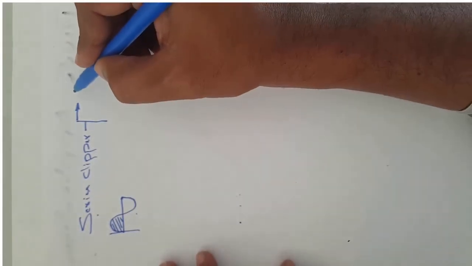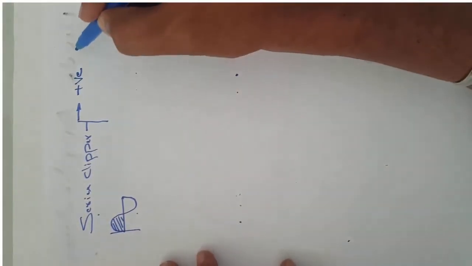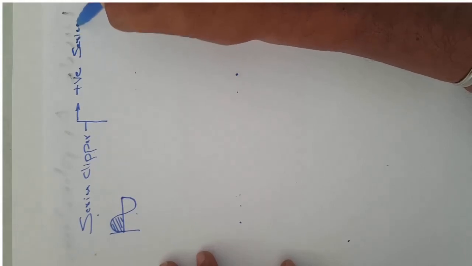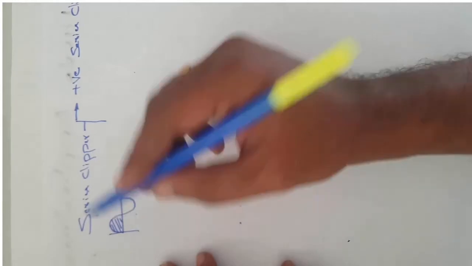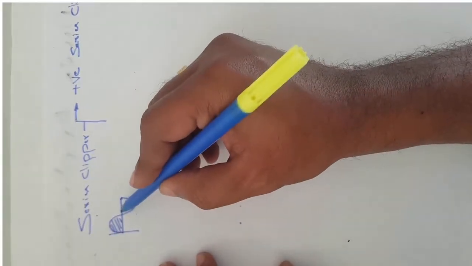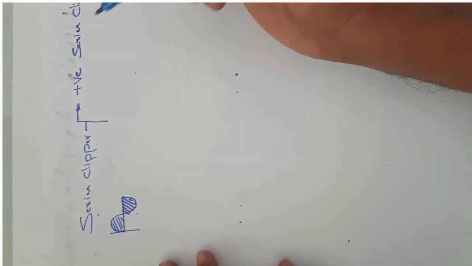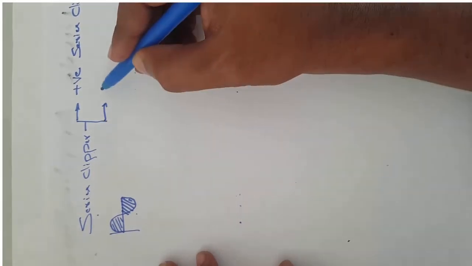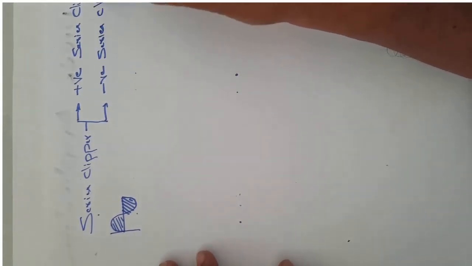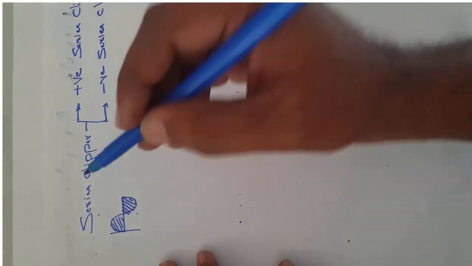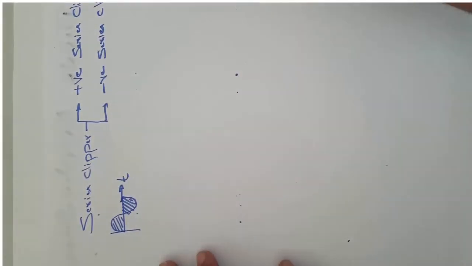So that's why it is called positive series clipper. If I try to remove the negative portion of a given signal, then it is called negative series clipper.